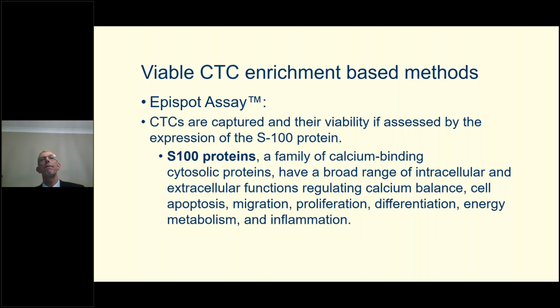Now, these proteins are a family of calcium-binding cytosolic proteins that have a broad range of intracellular functions, such as regulating calcium balance, apoptosis, migration, proliferation, and so on. So if your cell is expressing this protein, it is likely to be viable.